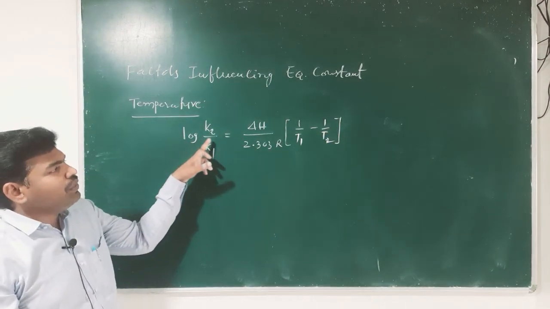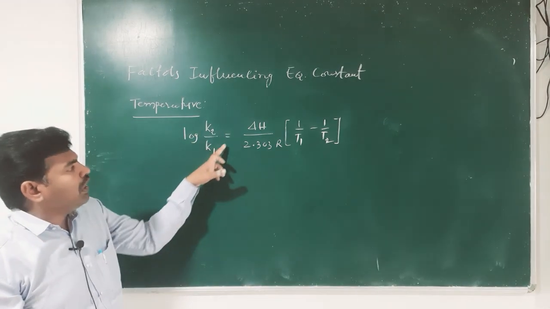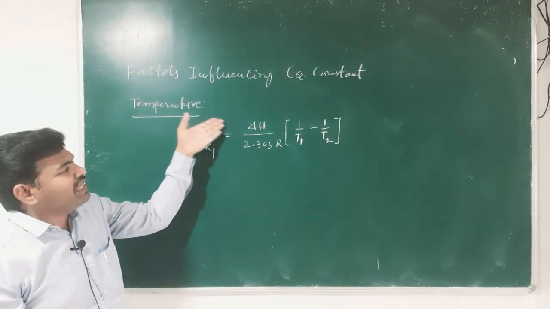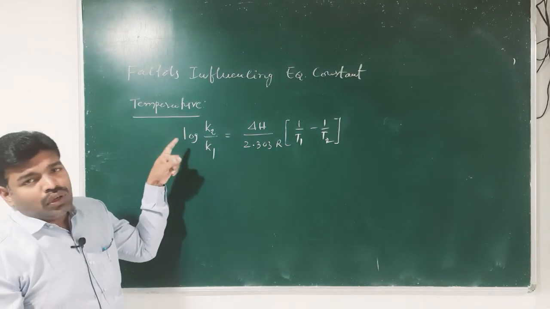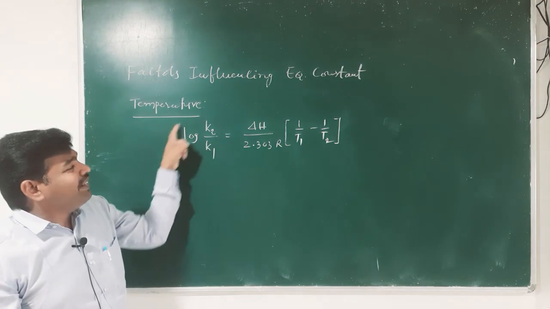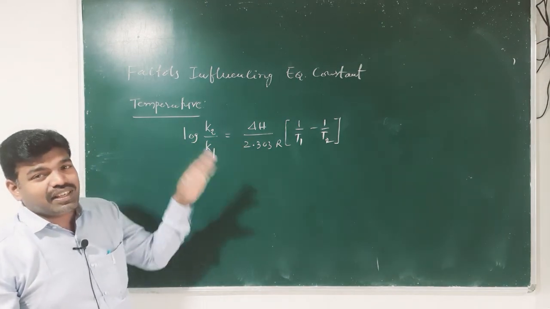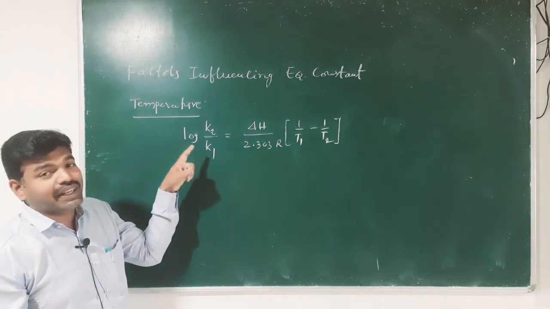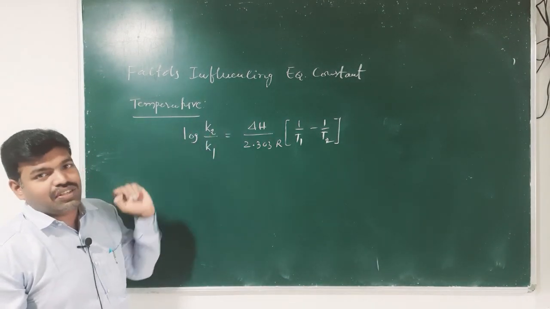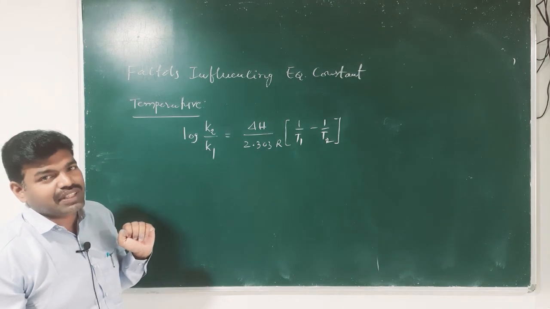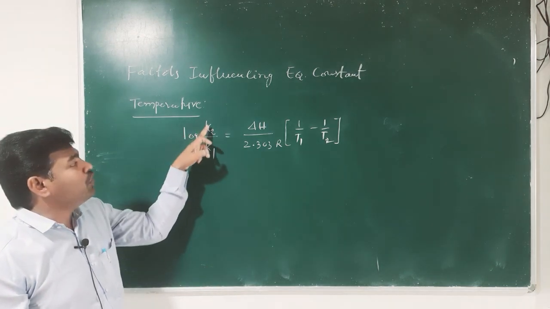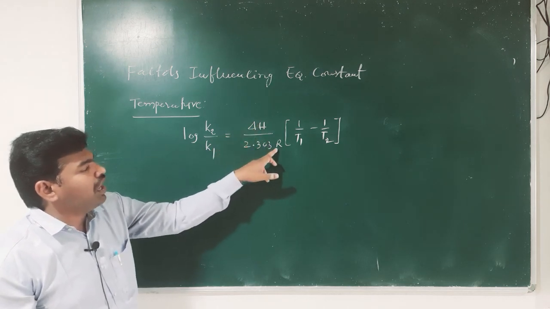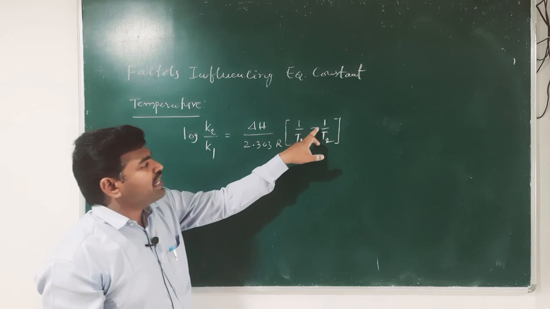To explain how this equation comes needs a long derivation. That is why I shall take a direct relation of equilibrium constant with the temperature. So, log K2 by K1 is equal to delta H by 2.303 R into 1 by T1 minus 1 by T2.